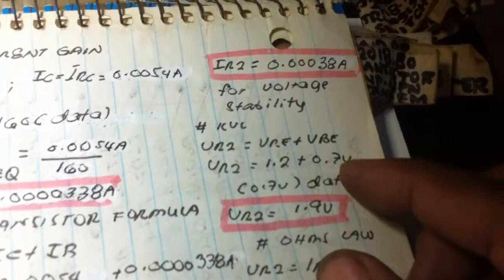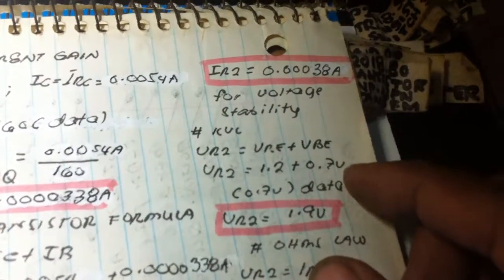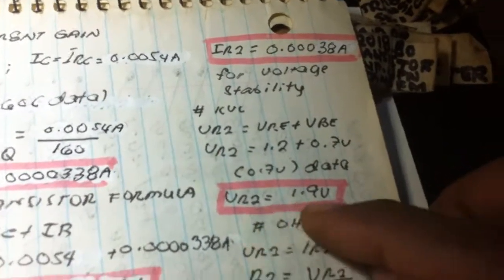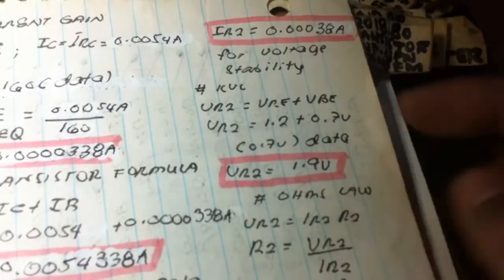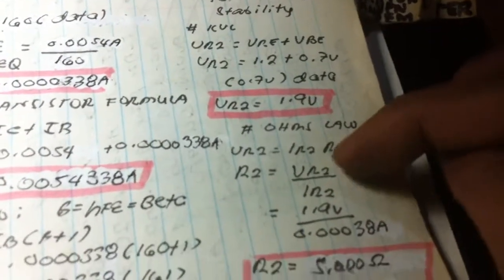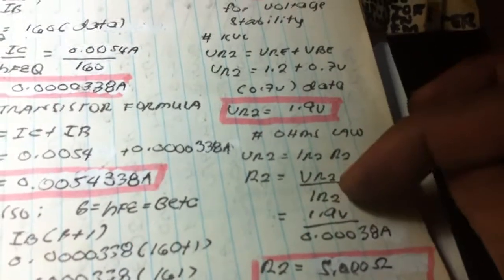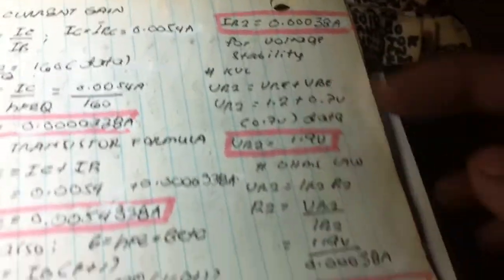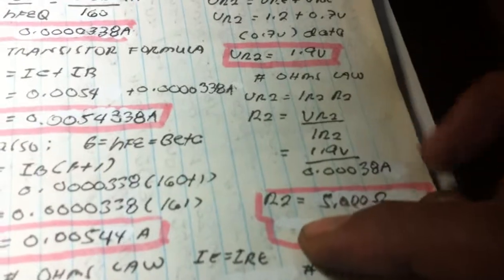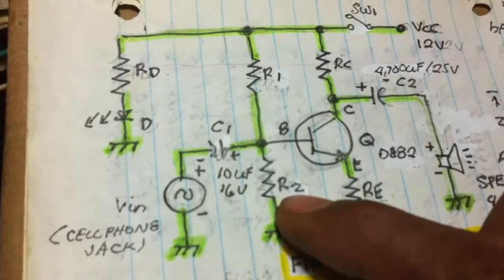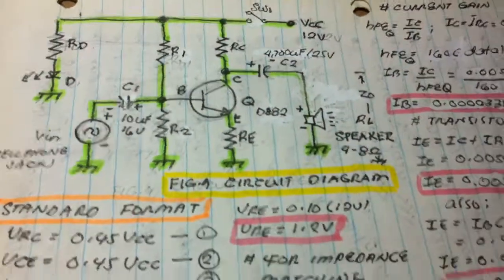By substitution, since I'm using 0.7 volts as the standard value for the transistor, I got a voltage drop at R2 of 1.9 volts. Using Ohm's law, we know the voltage and the current in R2, and we get the value of R2, 5,000 ohms. So that is the value of R2, 5 kilo ohms.